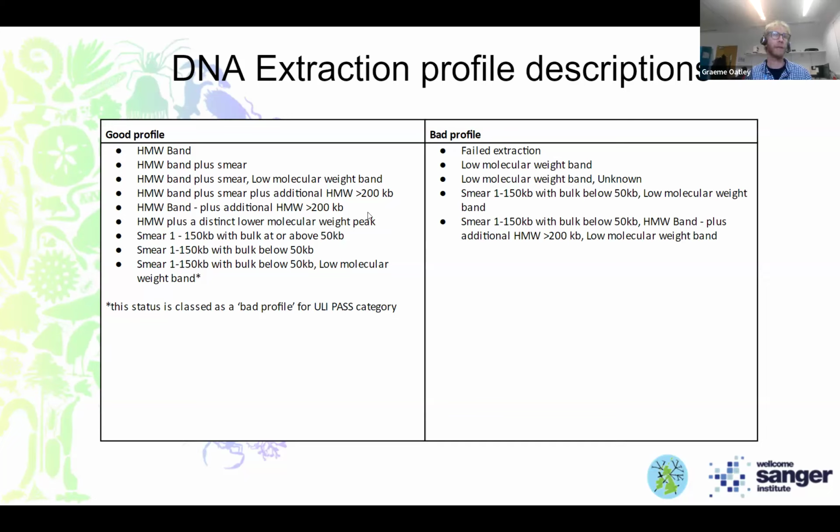Whenever we're making our decisions, anything that has a good profile, we generally would consider to move forward into the DNA fragmentation stage, if a sample has a good enough yield, while those in the bad profile, we would fail outright, generally because the quality is too bad to proceed to PacBio library prep, irrespective of the yield.